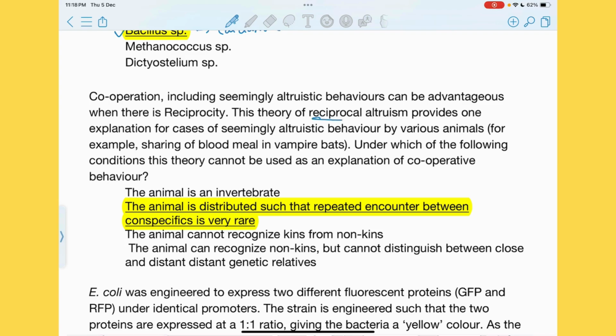So for reciprocal altruism, the definition says that the species which work under reciprocal altruism expect the fellow organism of the same species to return the favor in the future.